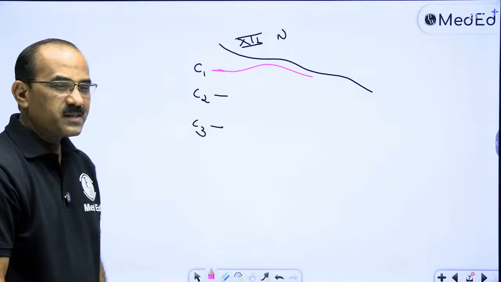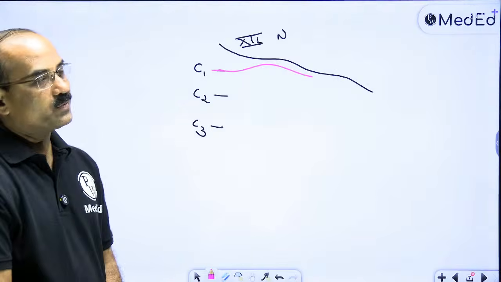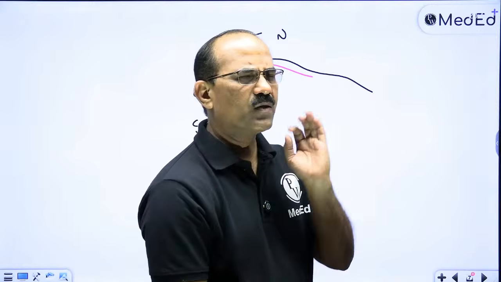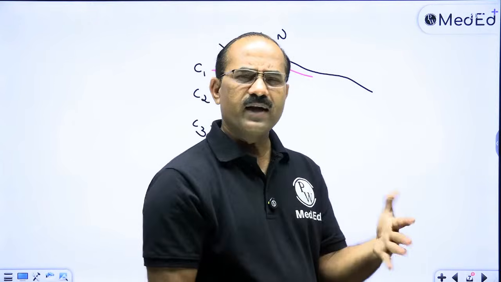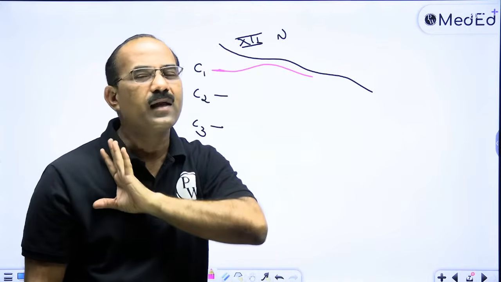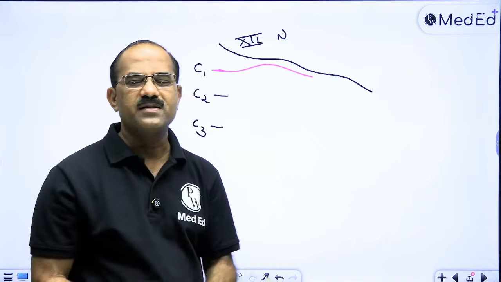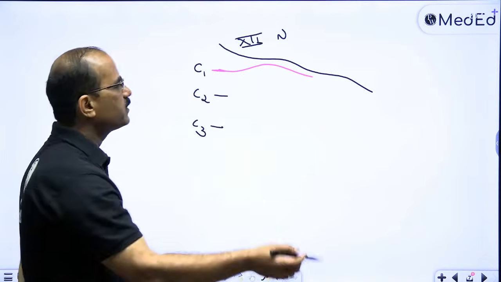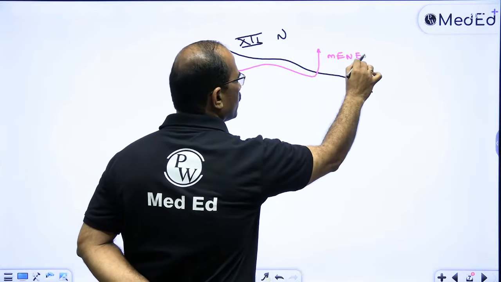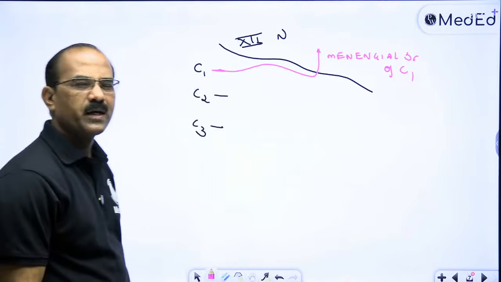C1 says, I'm coming with you. The fibers of C1 go with the hypoglossal nerve for a short distance. After that they leave the nerve and say, you go your own way, I'll not come with you. Now they leave the nerve as number 1, the meningeal branch of C1.